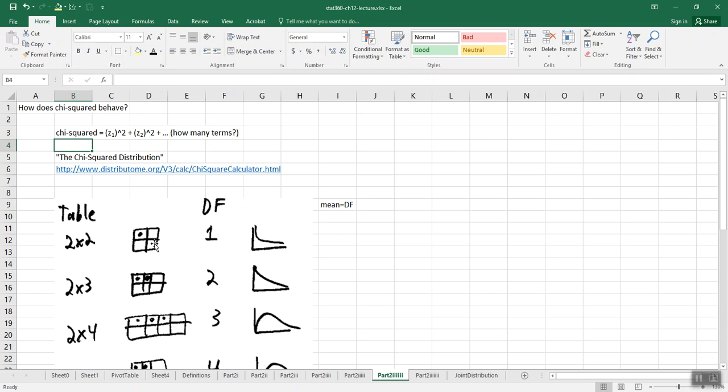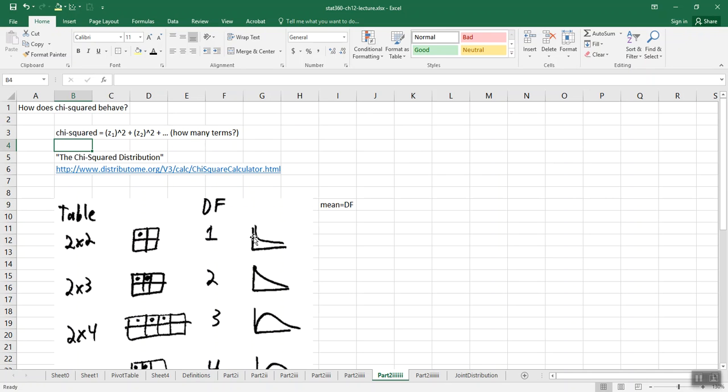Well, if our table is 2 by 2, and we want to have the same numbers here in the lower margin and the side margin, if I just tell you this number, then you can figure out what this number is, so it totals up to this, and you can figure out what this number has to be, so it totals up to that. And then, since you know 3 of those, you know the 4th. So really, just telling you one number tells you about every other number in the table to keep the same marginal values. So you really only have 1 degree of freedom there.